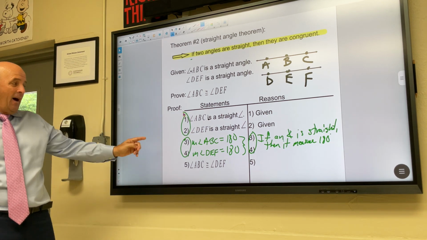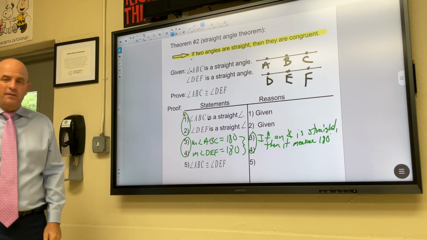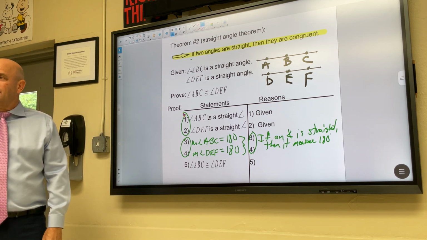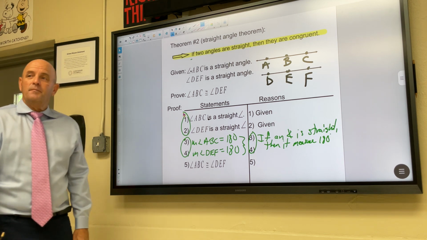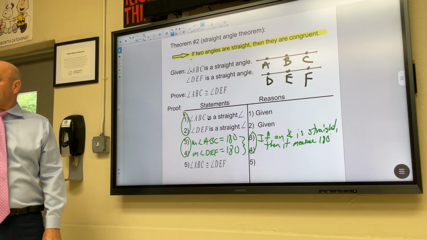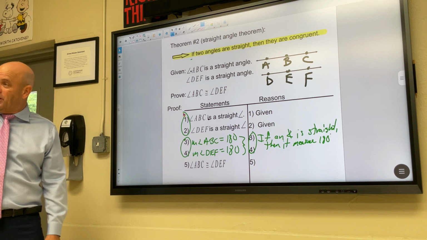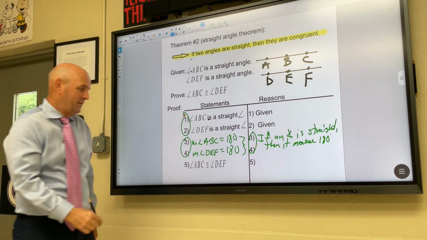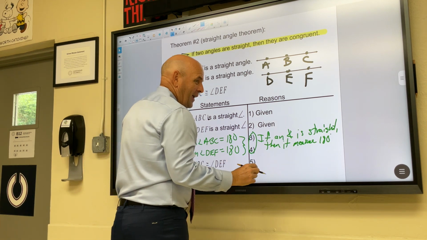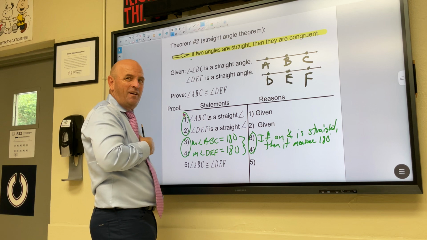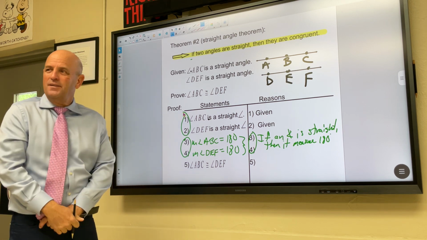All right. Now, because they have the same measure, it means they are congruent. How am I going to write that? If two angles have the same measure, then they are congruent, which is also the definition of congruency. You're not wrong. I don't know if I should do this yet. You want to put definition already? It's a little premature.